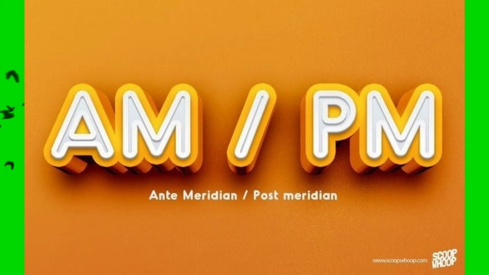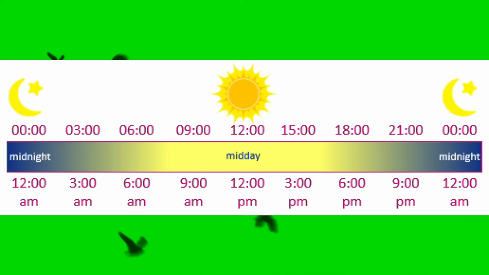Anti-meridian means before noon, before midday. मतलब दोपहर के 12 बजे से पहले का टाइम. And in the same way, the time after 12 in the noon is called PM, means post meridian, means दोपहर के 12 बजे के बाद का टाइम. So 12 in the noon is 12 PM and 12 at night is 12 AM.